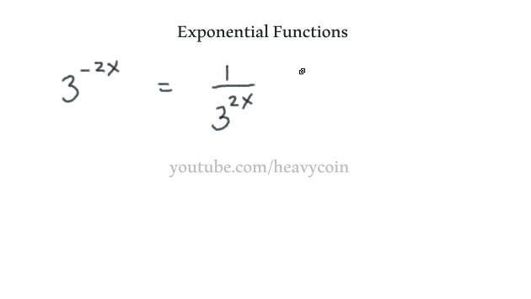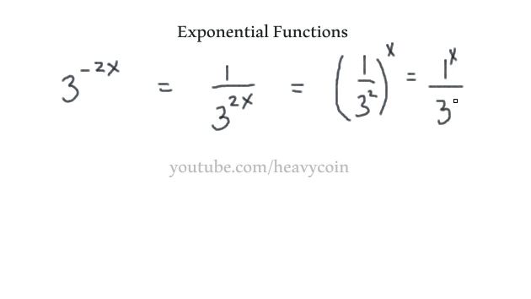Looking at this, I could write 1 over 3 to the 2, raised to the x, which is 1 to the x over, and then you multiply exponents, so this would be 3 to the 2x. So there are all different ways of writing this thing.